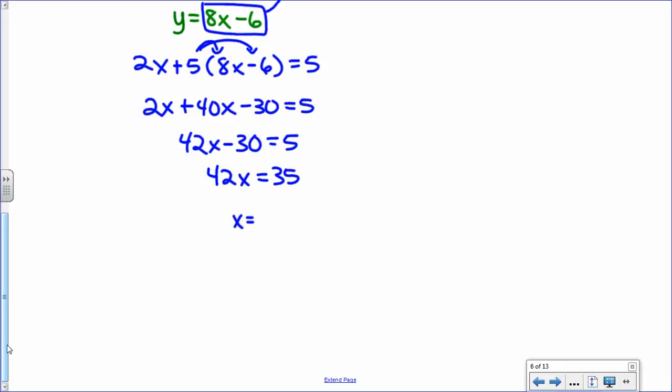So getting a fraction or a decimal should not scare you, okay? It's okay to get those answers. You can plug your numbers in to check. Leave them as fractions so you don't have to round, because when you plug it back in, if you rounded, then it's not going to check out right. Okay, so 35 over 42 as a reduced fraction should be 5 over 6.